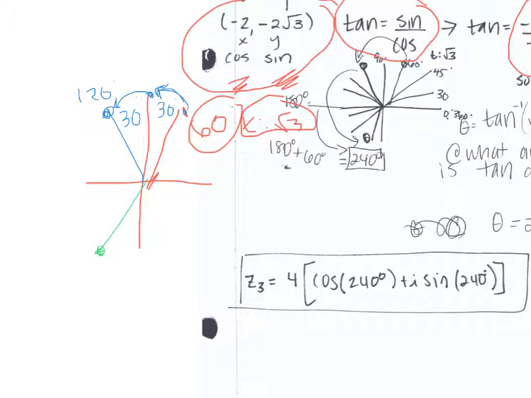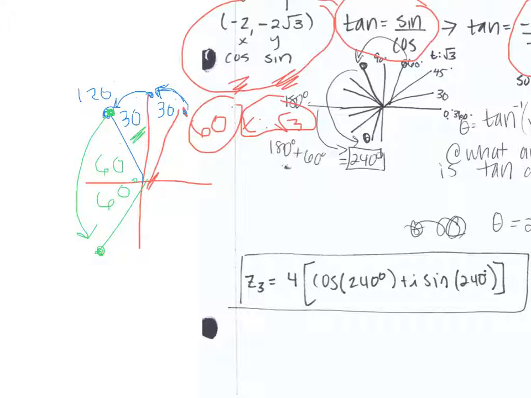Now we need to end up in quadrant 3. So if I take this dot in quadrant 2 and I flip it across down to quadrant 3, we know that if this guy is 30, then the difference for that 90 degree section would be 60. So then we know this section would be 60.